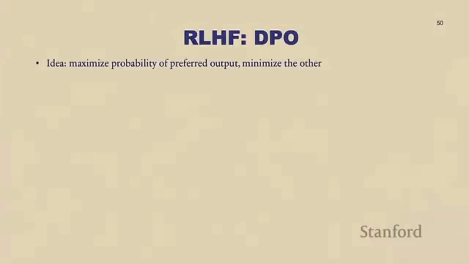All this to say that there was a new method that was proposed also from Stanford 1 year ago called DPO, which is essentially a simplification of PPO. The idea that they have is that instead of using reinforcement learning, you can just maximize the probability of generating the stuff that you like and minimize the probability of the stuff that you don't like. So if you think about the human preference, the red and green, maximize green, minimize red.